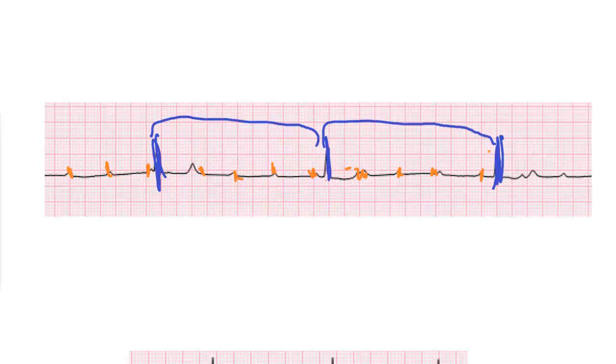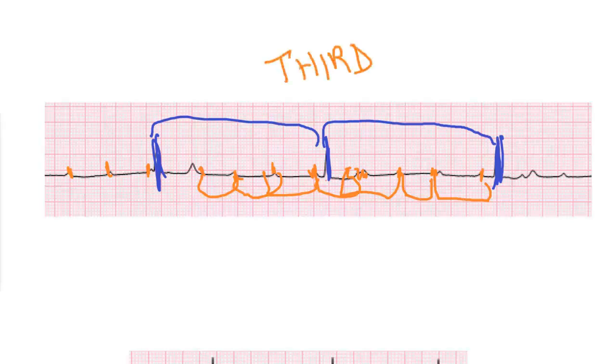Here you can see that the ventricles are depolarizing regularly at their own pace versus the atria doing it regularly at their own pace. So once atria and ventricles are depolarizing independent of each other, this is an example of a third degree heart block.